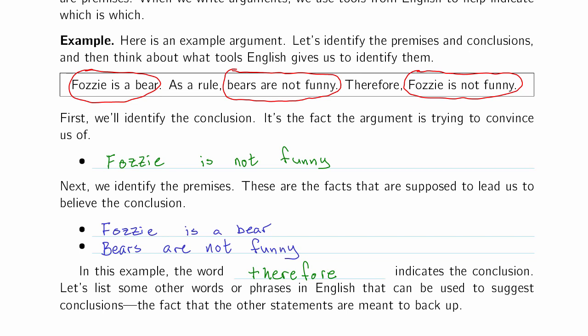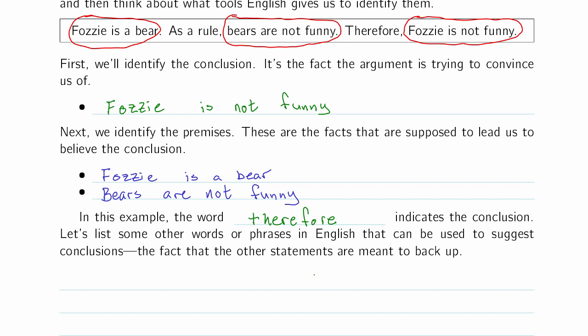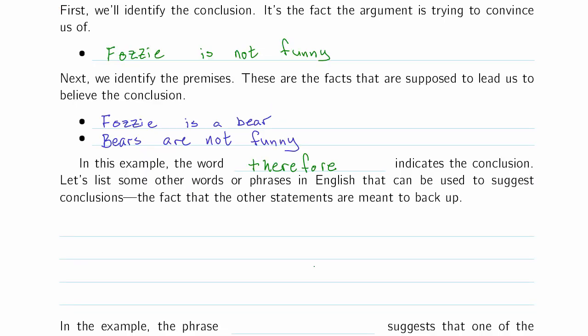There are a bunch of other words like that. Some of them might include the word so, the word thus, which is one of those words that you really only use when you're writing an argument in a kind of formal setting. We might even say, we conclude.